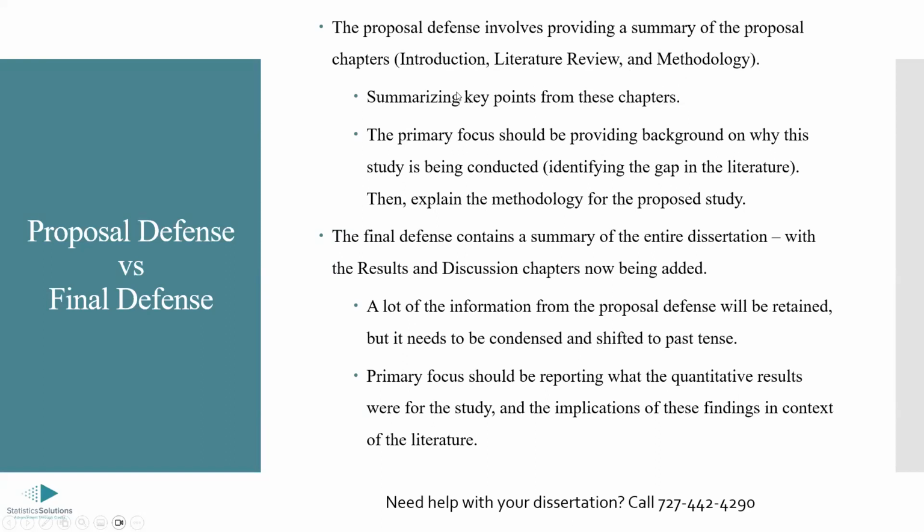The point of this is you want to summarize the takeaways from these chapters. The primary focus is justifying why the study is being conducted in the first place. So pinpointing a gap in the literature, what is the problem to be addressed, and then a bulk of it will be explaining the methodology for the proposed study.